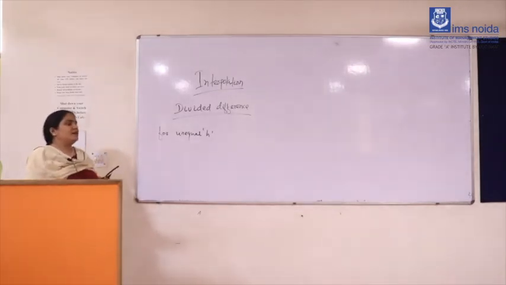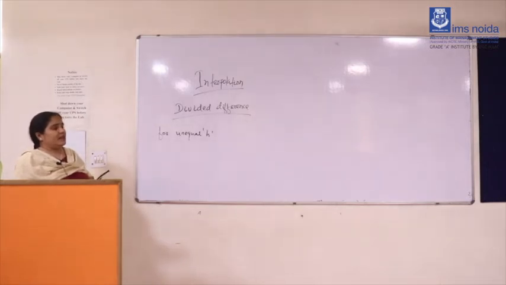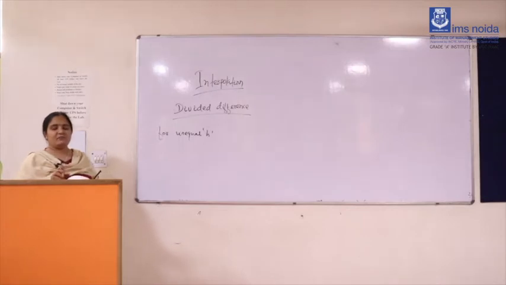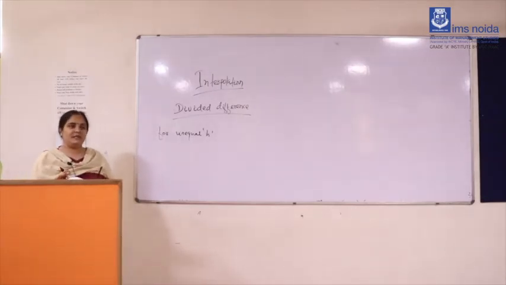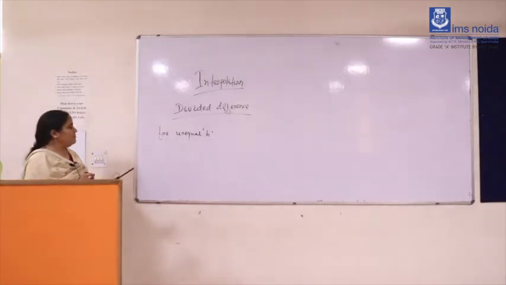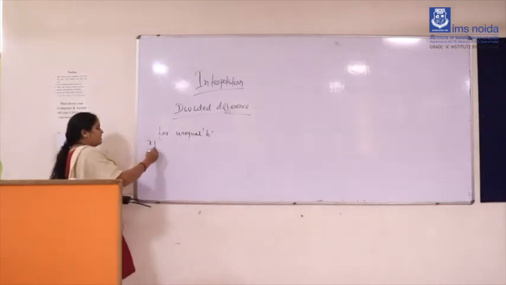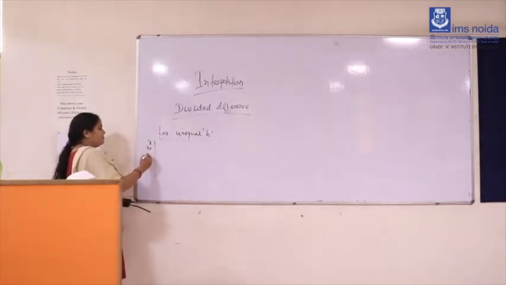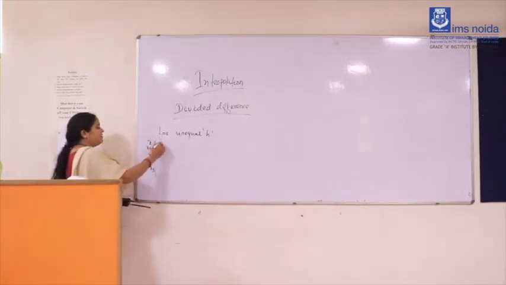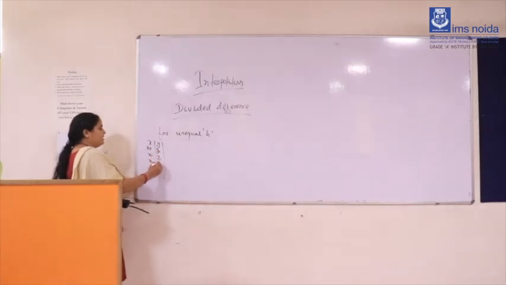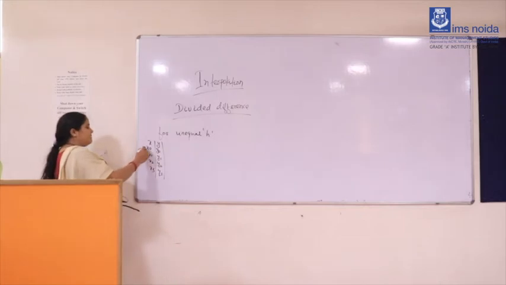So for unequal h, Newton's divided difference formula and Lagrange interpolation formula will be applicable. If in the x column I write x0, x1, x2, x3 and in the corresponding y column I write y0, y1, y2, y3, then this is x1 minus x0.